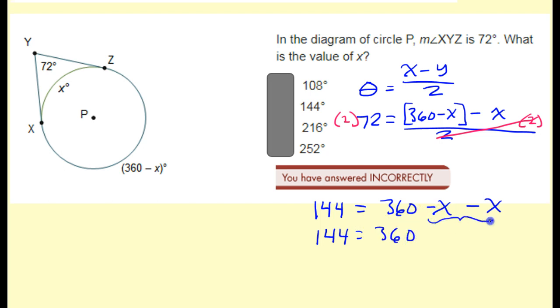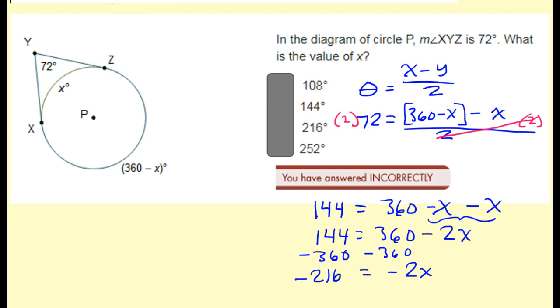Let's combine these like terms. So that'll be negative 2x. And now we're just solving for x. So let us subtract 360 from both sides. So negative 216 is equal to negative 2x.